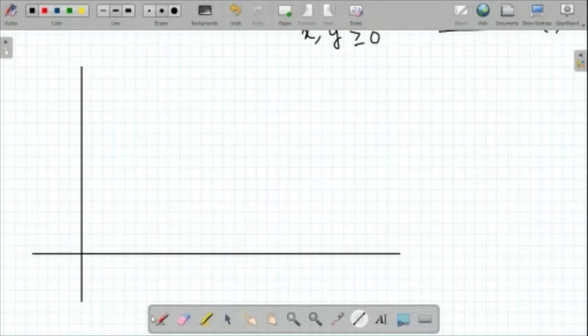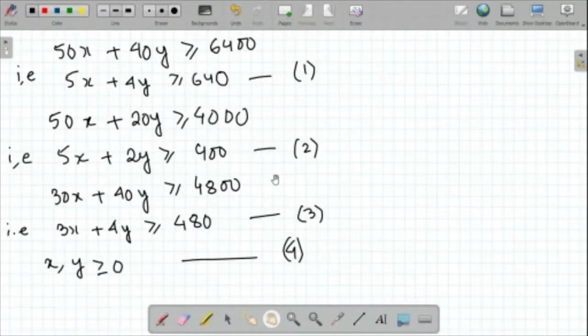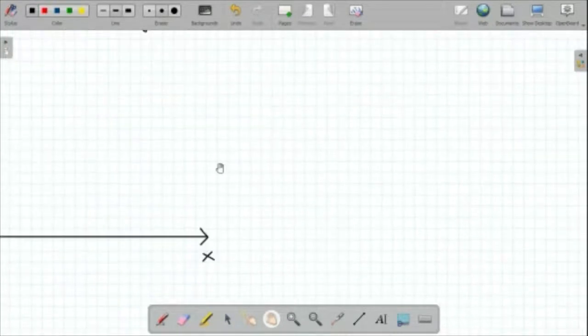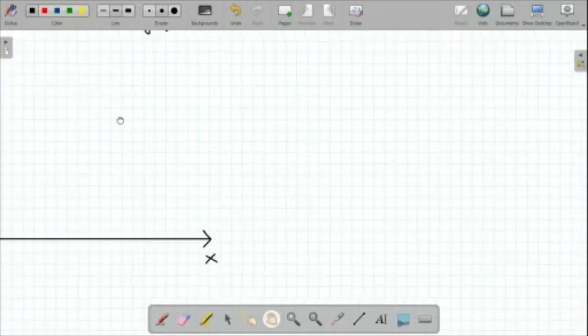This is x, this will be our y. So what was the first equation? 5x plus 4y greater than or equal to 640, right?